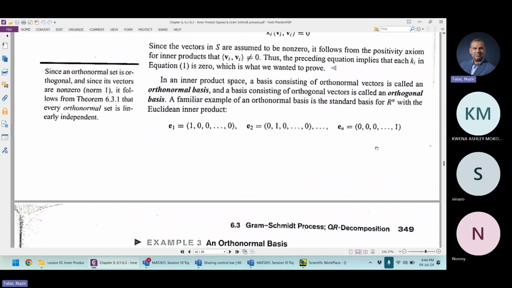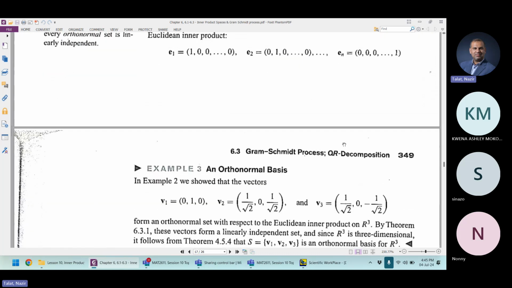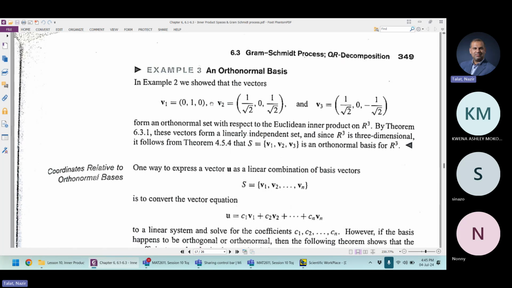Here one can see that these E1, E2, En are orthonormal because the norm of E1 is 1, the norm of E2 is 1, and the inner product of E1 with E2 is 0. Similarly, if you take the inner product between any E1 and E2, the answer will be 0. So here we have another example which shows these are orthonormal bases.